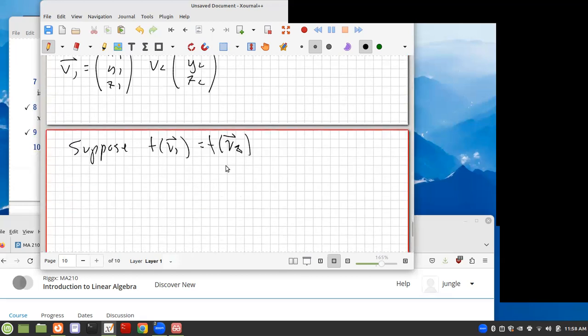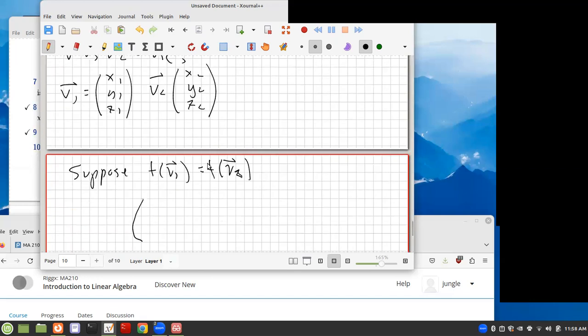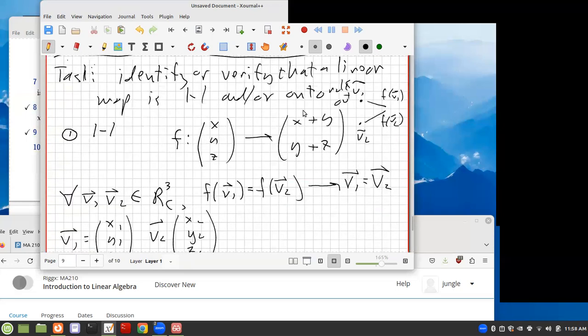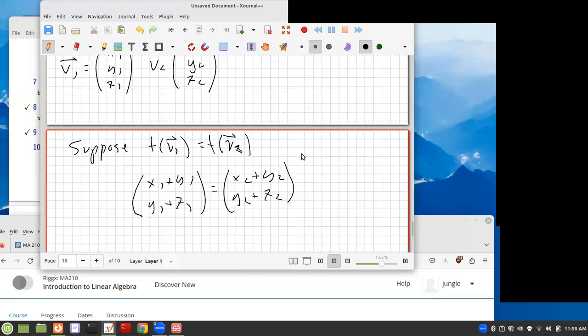So what we have to do is suppose that this is true. For these vectors, we're supposing that (x1 + y1, y1 + z1) equals (x2 + y2, y2 + z2). Now you can see directly what this is: you take this image here, choose two of them and set them equal.